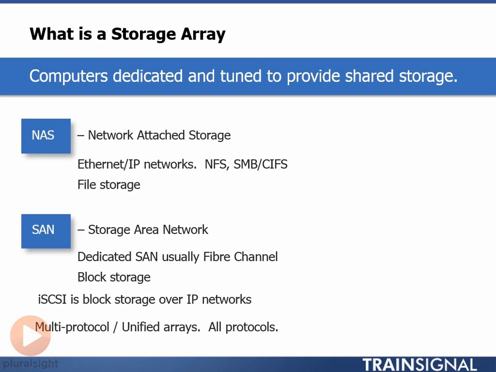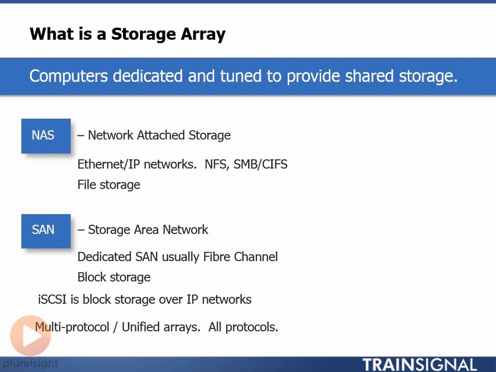So let's quickly summarize this slide. Storage arrays are computers dedicated to providing shared persistent storage. They can be big or small, ranging from desktop models with 1 or 2 disk drives in them up to the real big beasts that can have thousands of drives. Storage arrays connect to networks in order to share their resources, and these networks can be shared corporate Ethernet networks running IP, or they can be dedicated Ethernet and IP networks for added performance and security.